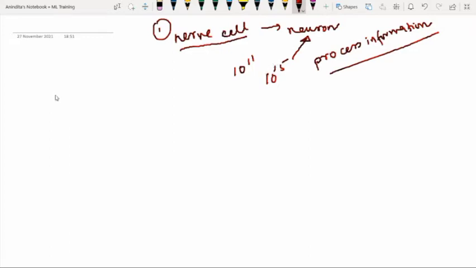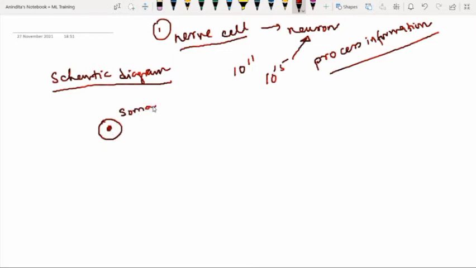So if I am talking about a schematic diagram of a biological neuron, then it will look like this. Say we have one cell body and a nucleus, and this cell body is known as the soma. It is an alternative, scientific name, and we can say that information processing is performed here.